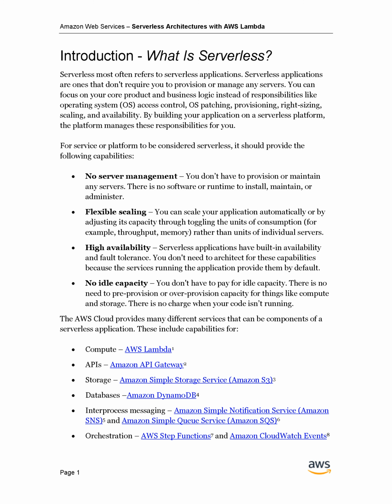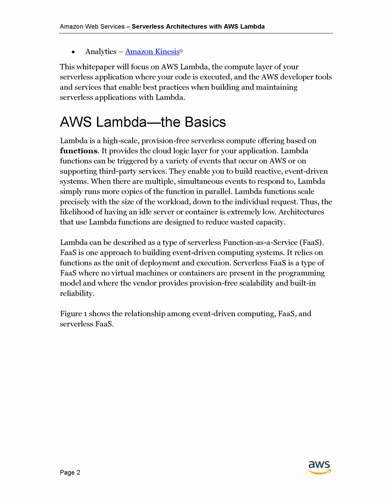These include capabilities for compute, AWS Lambda; APIs, Amazon API Gateway; storage, Amazon Simple Storage Service, Amazon S3; databases, Amazon DynamoDB; inter-process messaging, Amazon Simple Notification Service, Amazon SNS, and Amazon Simple Queue Service, Amazon SQS; orchestration, AWS Step Functions and Amazon CloudWatch Events; analytics, Amazon Kinesis.